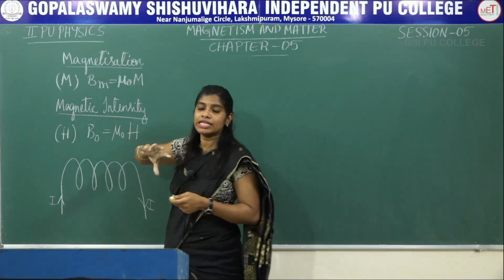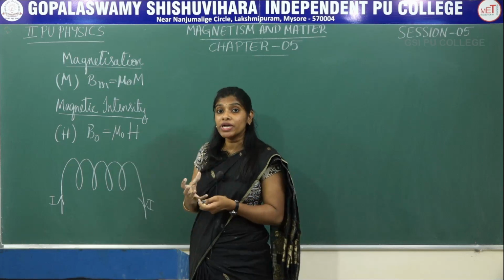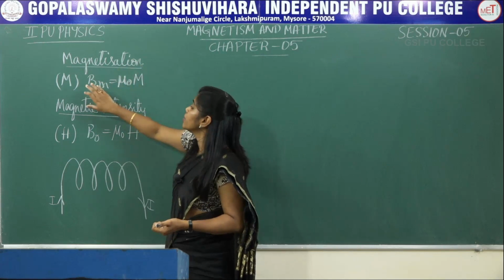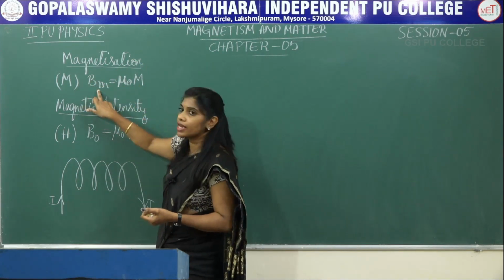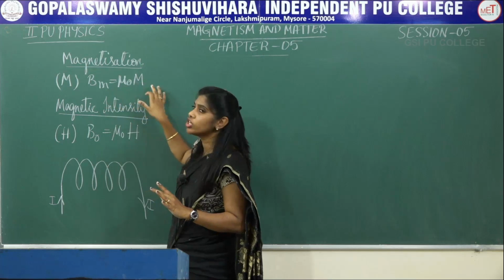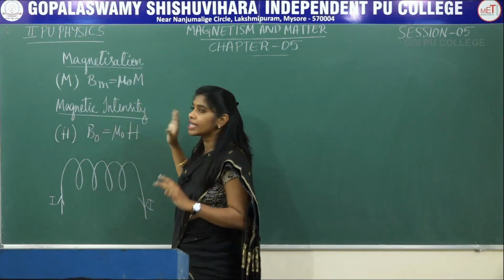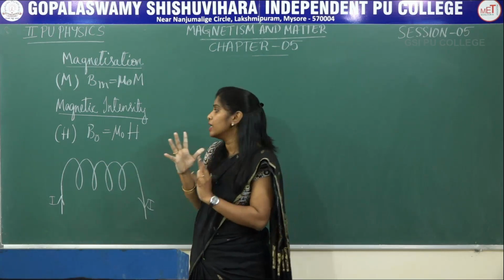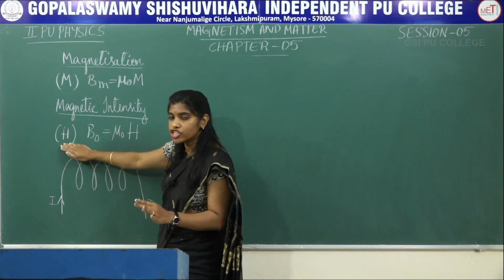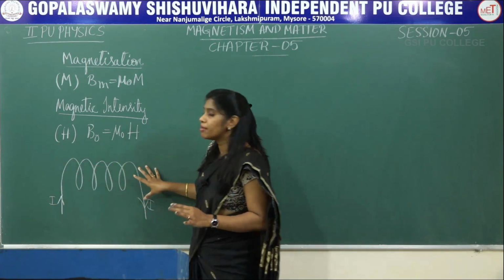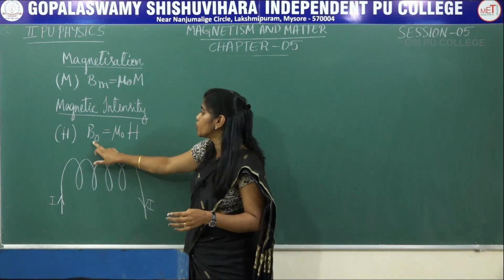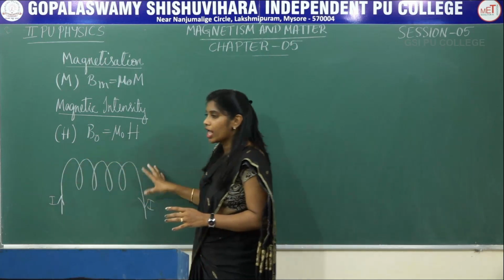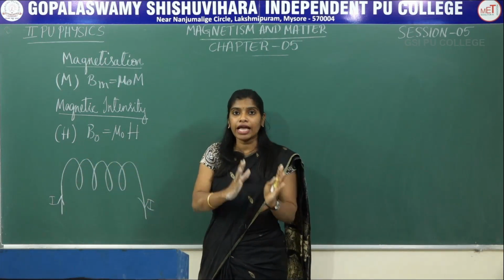So we know magnetization is nothing but the property of the material to get magnetized when it is placed in an external magnetic field, and the magnetic field inside that magnetic material will be equal to mu naught M. And coming to magnetic intensity, it is nothing but the ability of the magnetic field to magnetize the material medium, and it is denoted by the letter H, and inside a solenoid the magnetic field produced will be equal to B naught, which is equal to mu naught H. Next, in this solenoid I am going to bring an unmagnetized material.